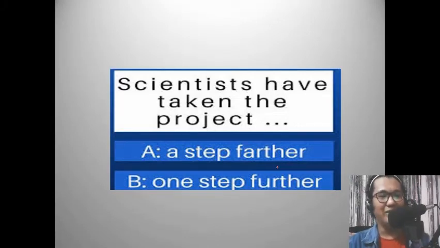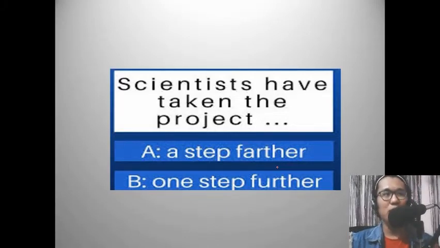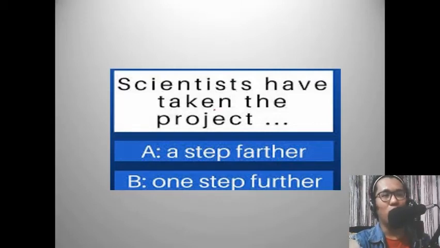Okay, time is up. So what's your answer? We're going to check for project: measurable or non-measurable? Project cannot be measured. So the right answer is: scientists have taken the project one step further.